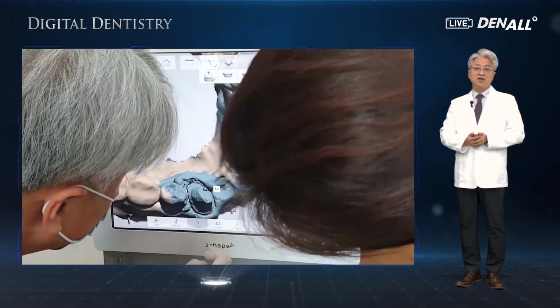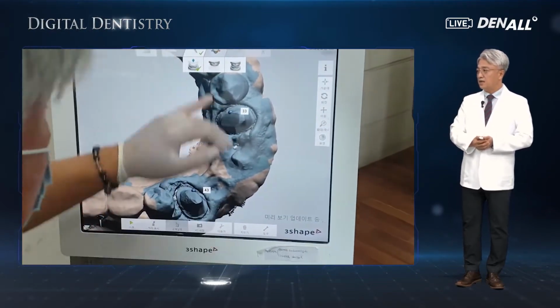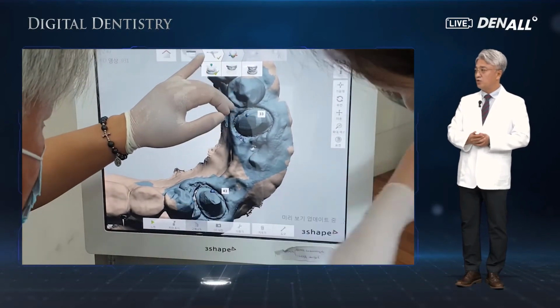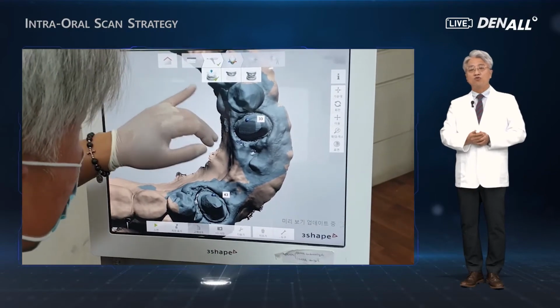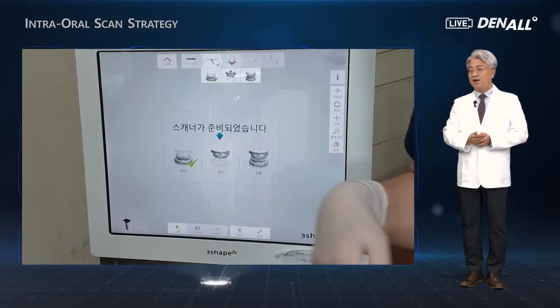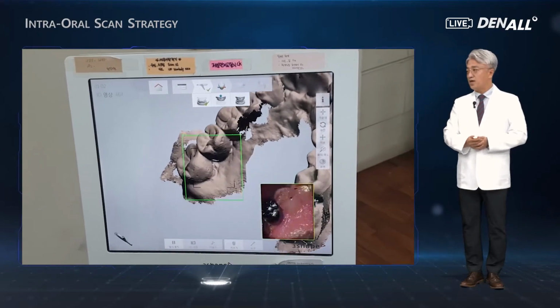So scanning has become a little bit easier. This is the way I acquire the scan data. I believe this is for your reference when you try to acquire oral scanning.